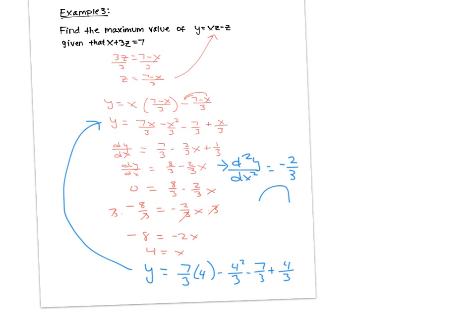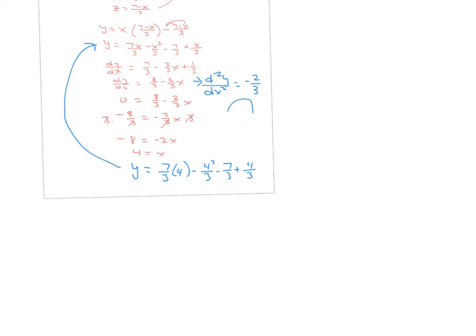And so we're going to simplify that. Let's see, that 7/3 times 4 gives us 28/3 minus 16/3 minus 7/3 plus 4/3.